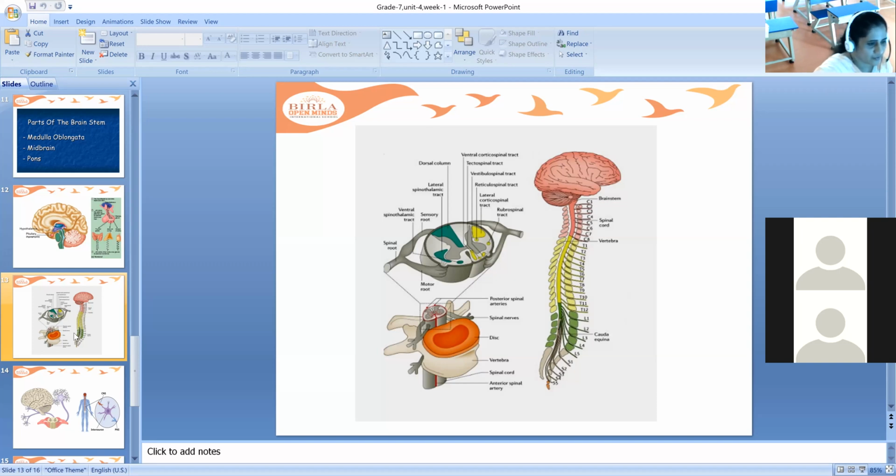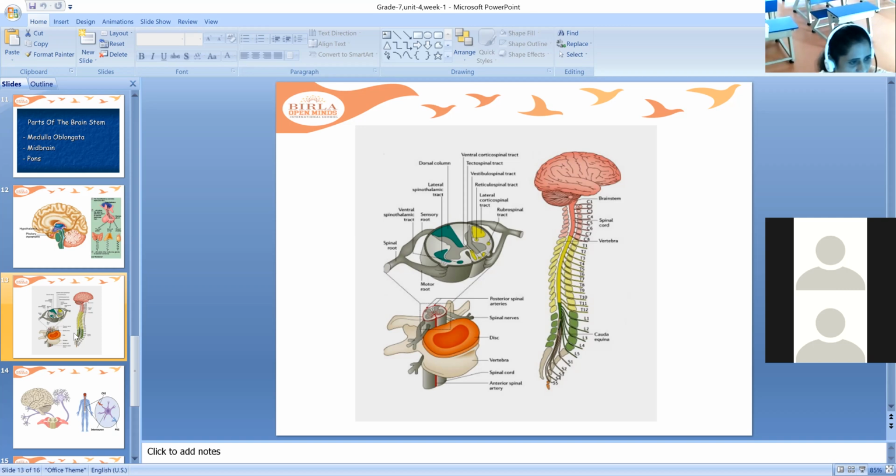Spinal cord and the brain form the central nervous system, which is also called CNS. The spinal cord is made up of nerves that transmit messages between the brain and the rest of the body. It starts from the brain stem at the base of the brain and continues to the lower back. Spinal cord is covered with bones known as vertebrae.